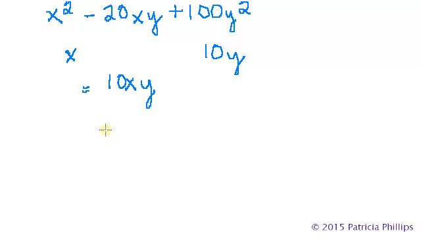Then you want to see if the second term is, without worrying about the minus sign yet, since with these trinomials we deal with that at the end, 2 times this 10xy. And it is. It's 20xy.